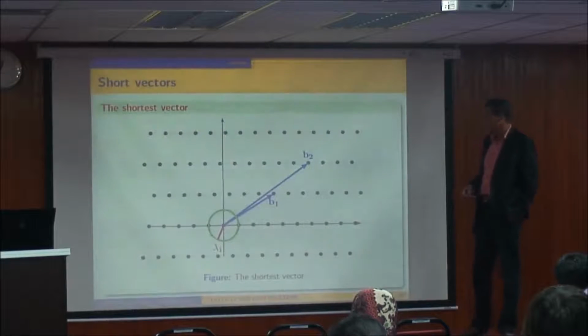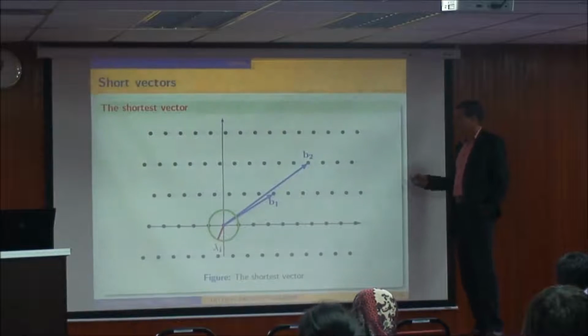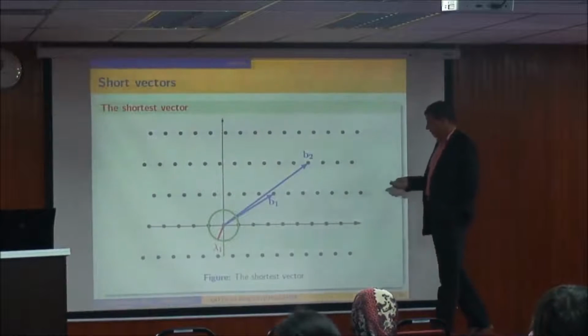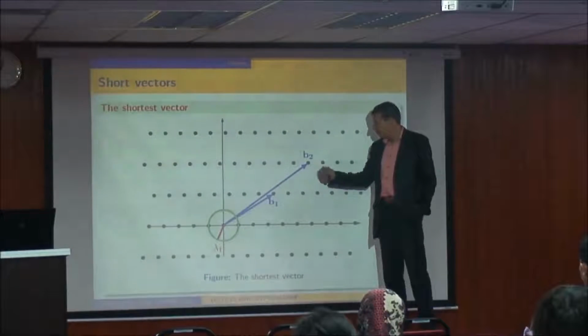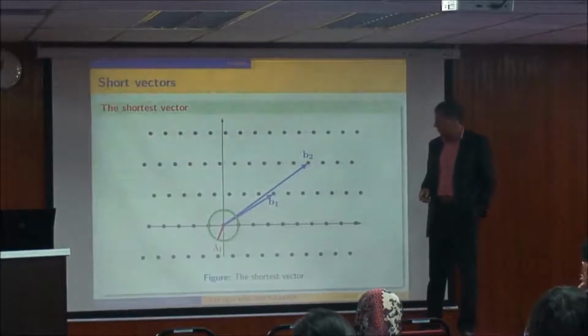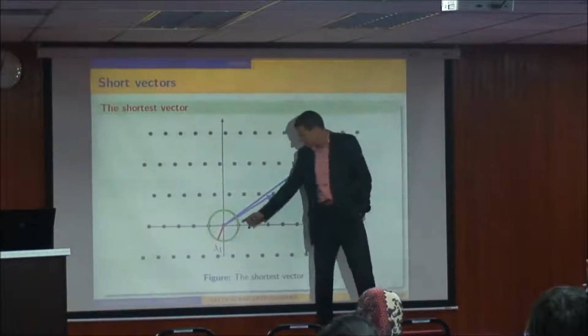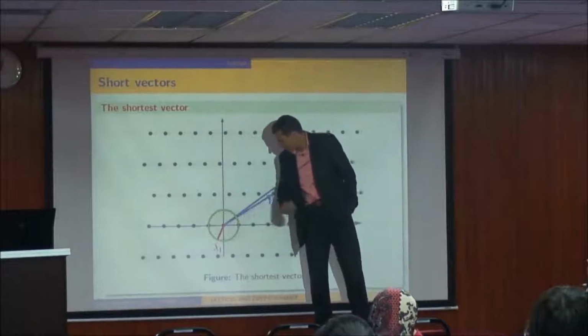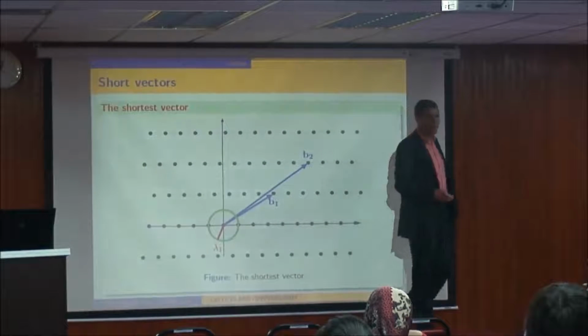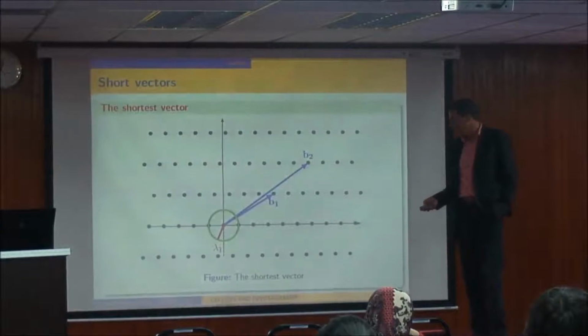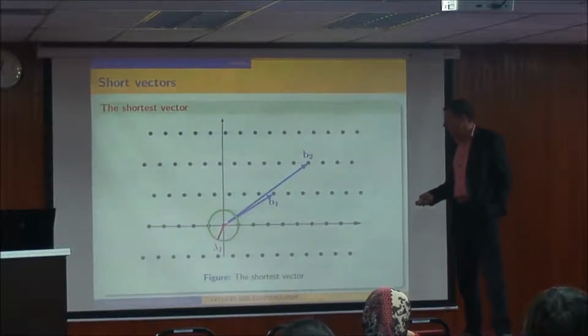For example, in this picture, this is a lattice with the basis B1 and B2, and the short vector is somewhere in this circle. Inside the circle, maybe we can find the shortest vector, and here we can see that there are two short vectors.